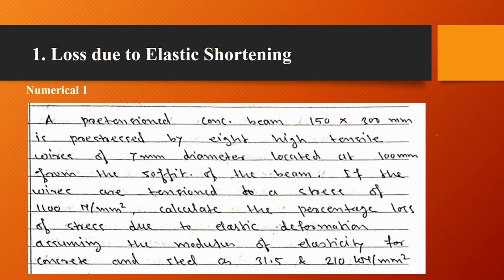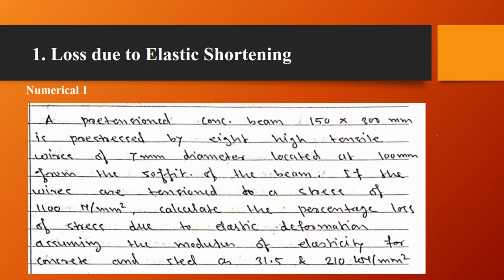Note that the unit for both values is kilonewton per mm square. These are the moduli of elasticity for concrete and steel respectively. So you have to find the percentage loss only for the elastic deformation of concrete.